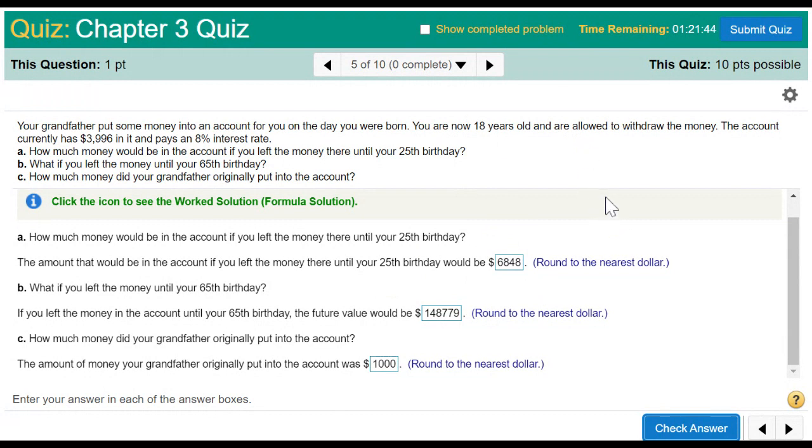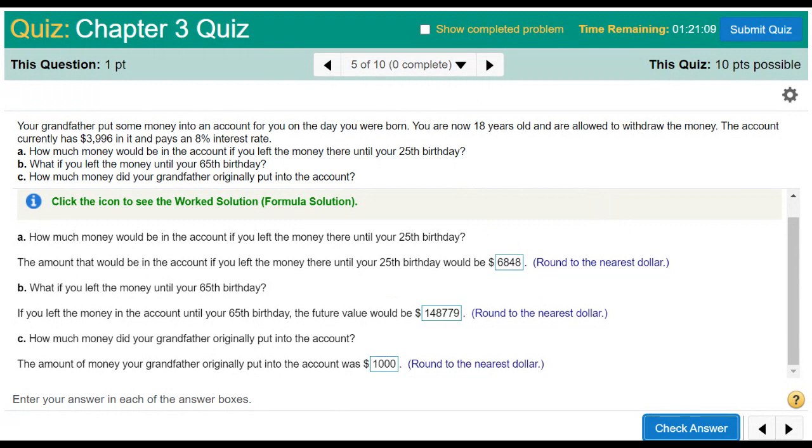The percentage is 8%, the payment is 0, and the amount, 3,996, is the present value, what he has in his hands right now. Then we compute for future value, what it's worth when he's 25 years old, and that adds up to 6,848.